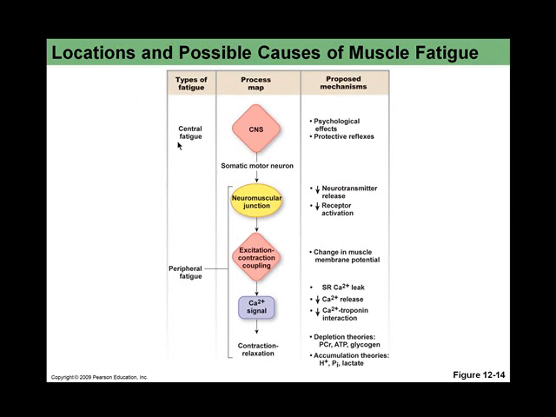So there are different types, a central and a peripheral, and they're basically what they mean. There are psychological effects or protective reflexes within the nervous system that will impinge on our ability to trigger the somatic motor neuron to drive the system at the neuromuscular junction. There can even be neurotransmitter depletions at this level in extreme cases.